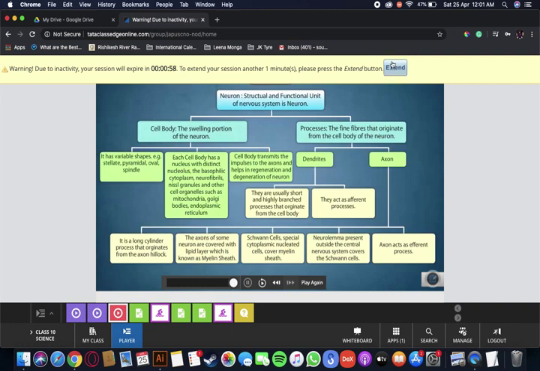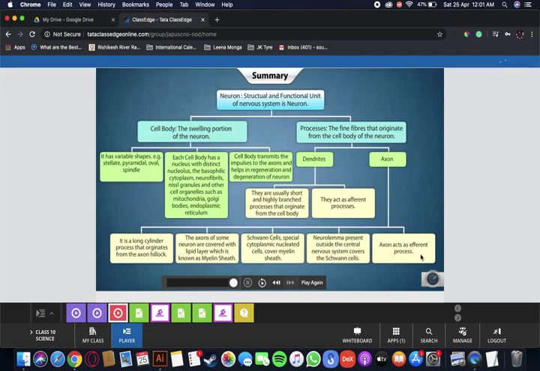Axon acts as the efferent process, and in that way in today's class I think you will be able to understand clearly the structure of the neuron and its function as the structural and functional unit.